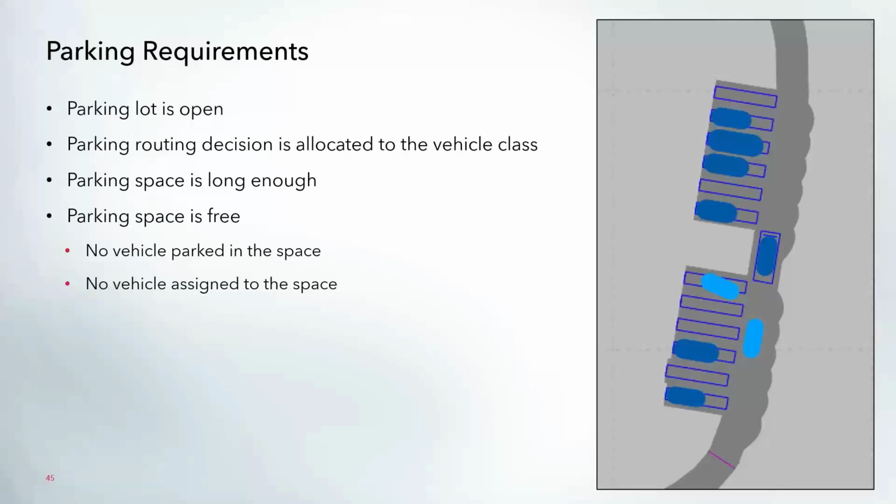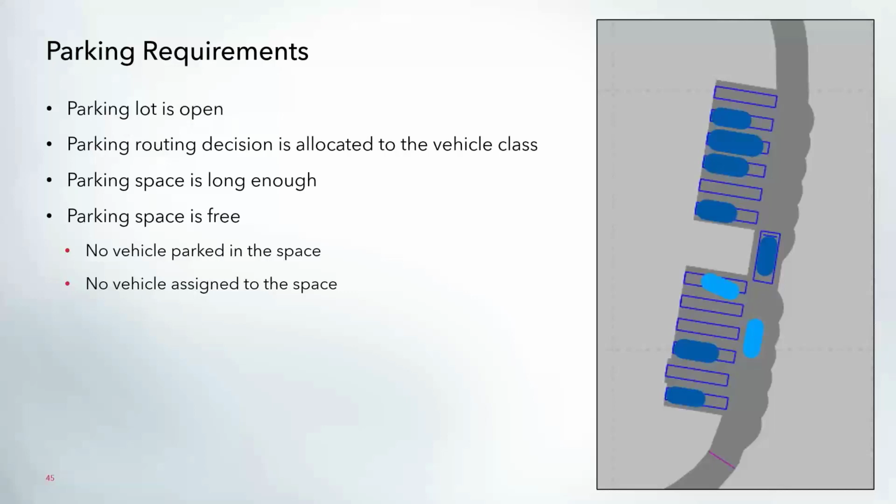So again, if you've got all vehicle types selected, then all the vehicles should be able to park. If you further refine that, the vehicles are just going to check when they pass that routing decision to see if their vehicle class is allowed. The parking space must also be long enough to fully accommodate that vehicle, along with a little extra buffer room.